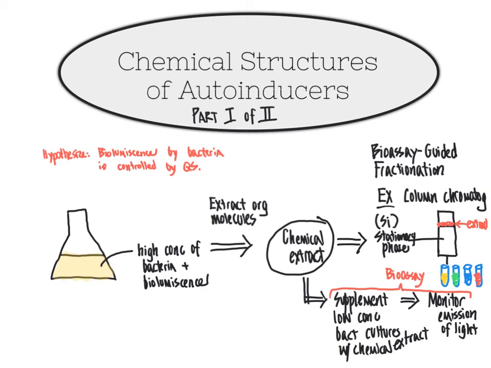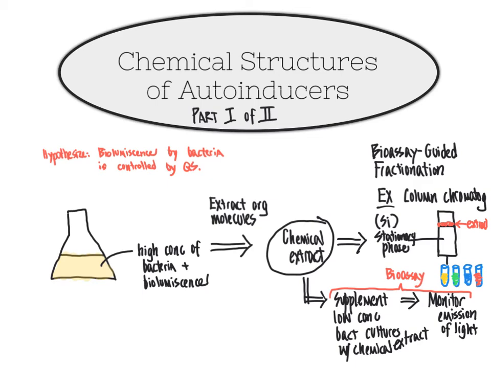So we would generally generate somewhere between 4 and up to 40 or 50 different fractions as a result of this column chromatography experiment. Then at that point, we would have no idea which of these particular fractions contained the autoinducer molecule.